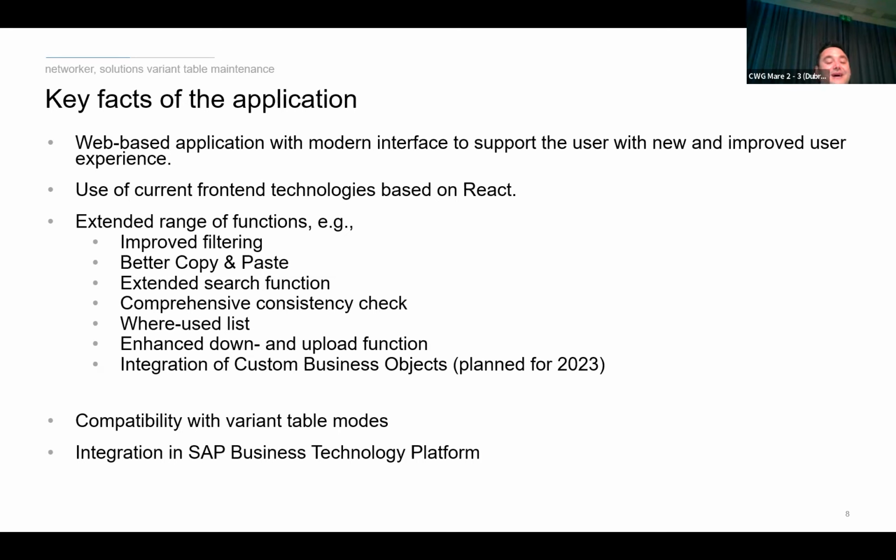We are using up-to-date front-end technologies, and our front end is based on React. That also means you can find elements on the front end that you are used to in your daily life. If, for example, you're working on web pages in Google, and even in Excel, you will find these icons. If you think about the SAP standard user interface, if you are speaking and living SAP, then you can navigate easily in there.